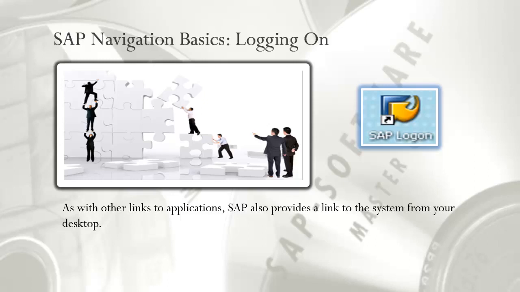Now, as you are probably aware, most people have several links to frequently used applications visible on their desktops. Once your SAP system administrator completes the installation of the SAP GUI, you'll see the SAP logon icon on your desktop, and this is the key to your SAP connection and ultimately the SAP system itself.